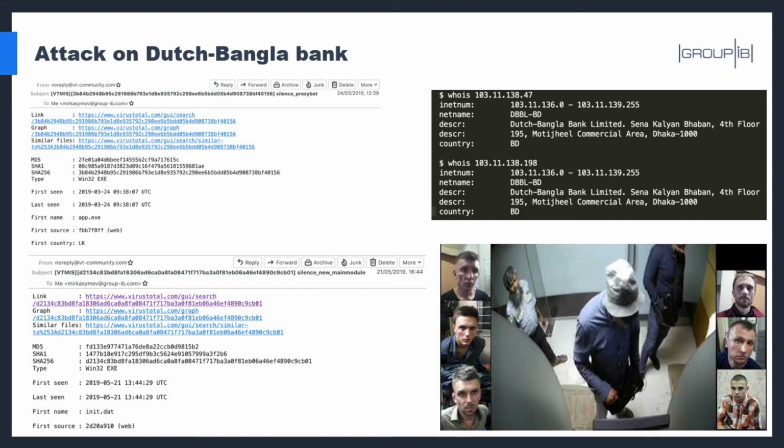Later, some mass media reported that hackers stole money not only in Deutsche Bangla, but from ATMs in Russia, in Ukraine, and in Greece. It is possible that Silence attacked Deutsche Bangla Bank by attacking the card processing system. As we know, and as we reported in the previous report, they have experience managing such attacks.